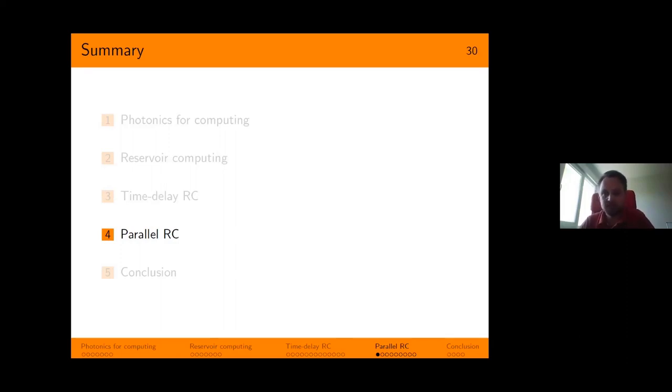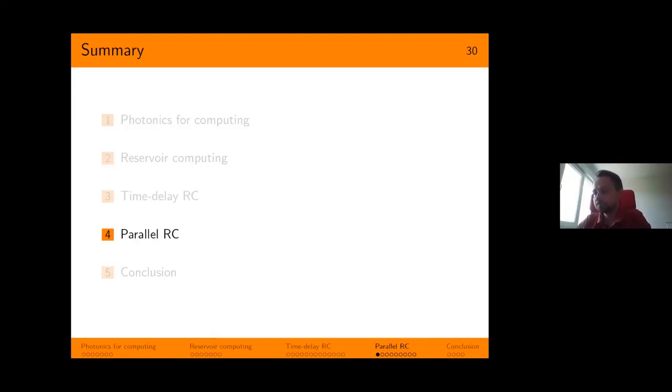But in free space, the light propagates as a beam, and this beam has a width, and we should exploit that. This cross-section area of the beam can be used to encode information or emulate neurons on a network. And if we do that, all the neurons will be treated in parallel.